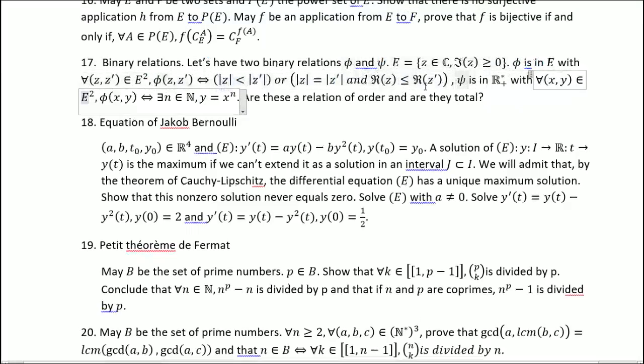It's another E, because I took two questions and I didn't notice that it was called E. So this would be equivalent to: there exists n an integer so that y is equal to x^n. So we're going to try to see if these relations are relations of order and if they are total.